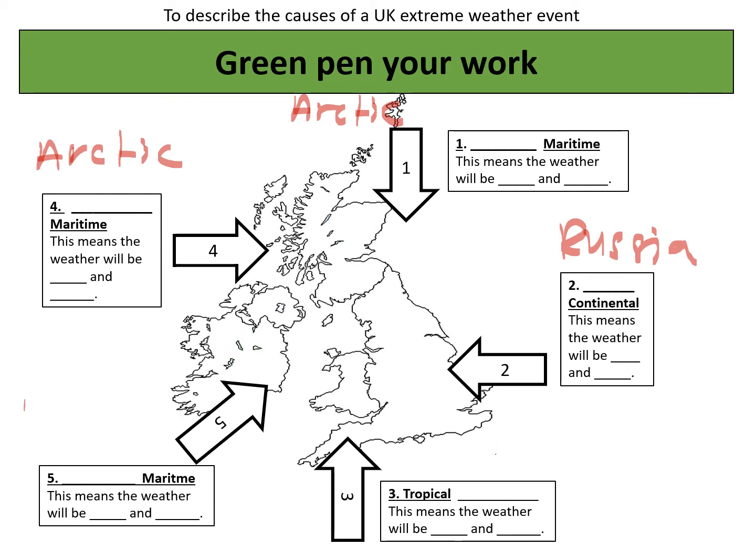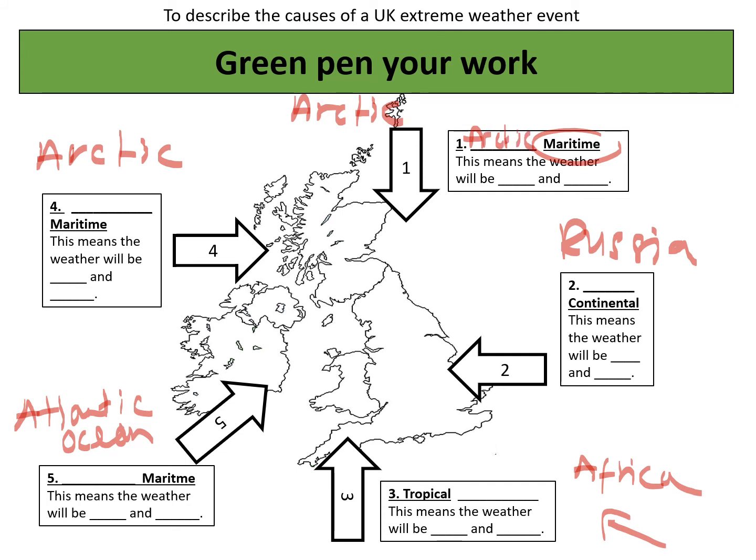We have the Atlantic Ocean here. And in this direction, you would be looking at Africa. Okay. So if this is travelling over the Arctic, that is why it's called a maritime air mass. And it's going to be bringing with it very cold air. So it would be called the Arctic maritime.